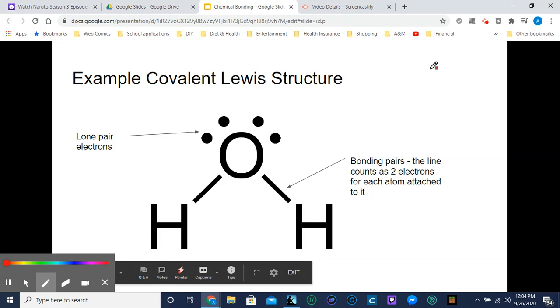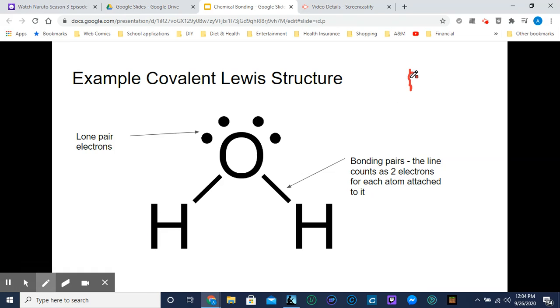All right, so to be full, we have 12. Then the number of valence electrons is going to be, oxygen has 6, and hydrogen each has 1, so that's 8. So if I subtract those, I'm going to get 4.